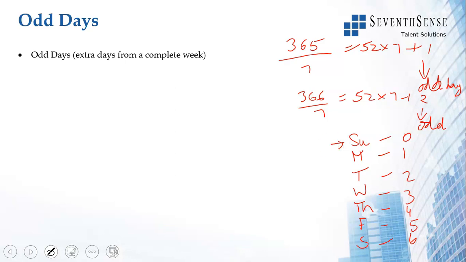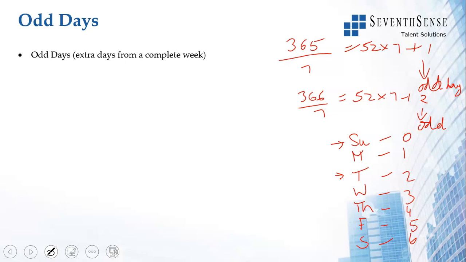If the odd day is 2, the corresponding date is a Tuesday. Remember this. This is if the first day of the calendar is Monday, which is what we assume, because Sunday is known as the weekend. Remember, the odd day corresponds to the following days.